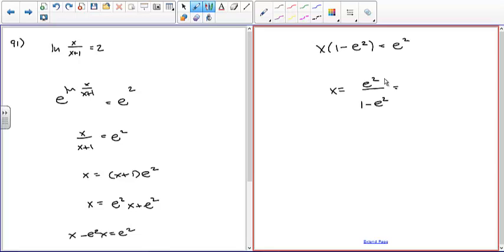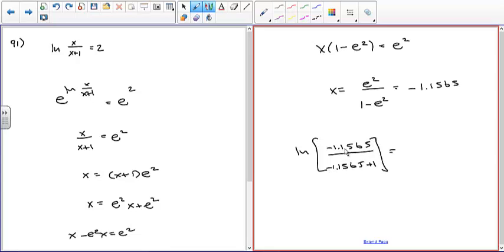So we get e to the second power divided by 1 minus e to the second power. Should be a negative number. Negative 1.1565. And let's just check that out. So the natural log of negative 1.1565 divided by negative 1.1565 plus 1.